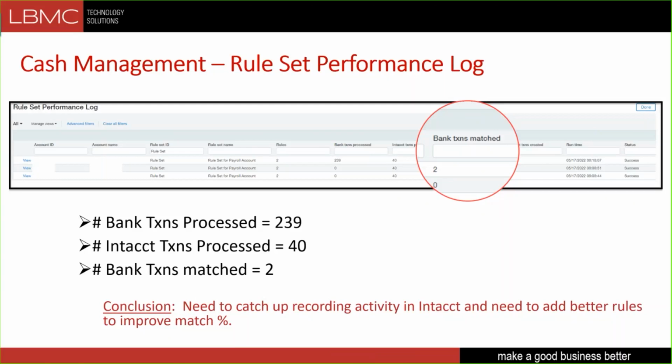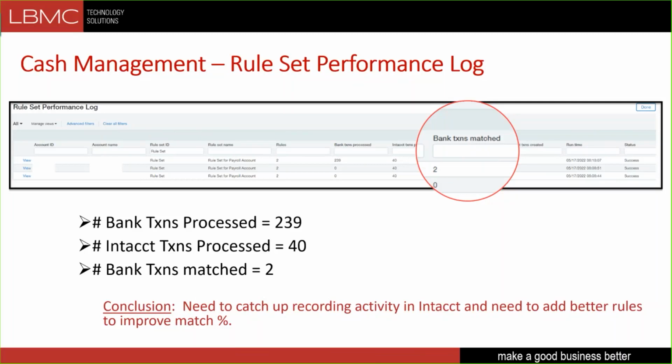So I can see that I have a lot of entry to do. Or if I'm the controller reviewing a staff accountant's progress, I can see on this list that a lot more has cleared the bank than they have recorded in the ledger. So they need to get caught up.